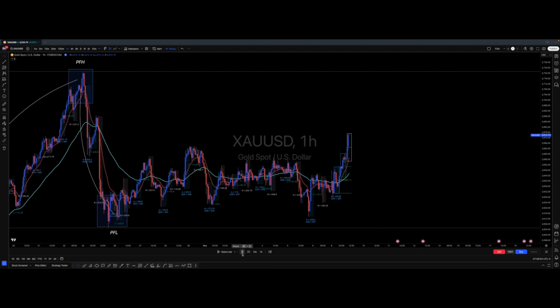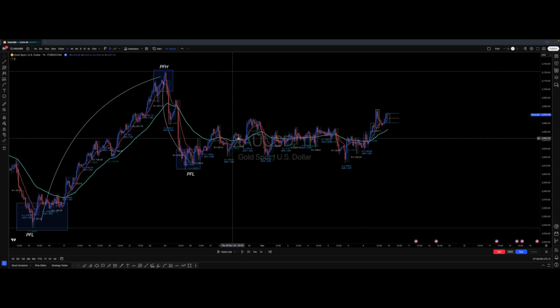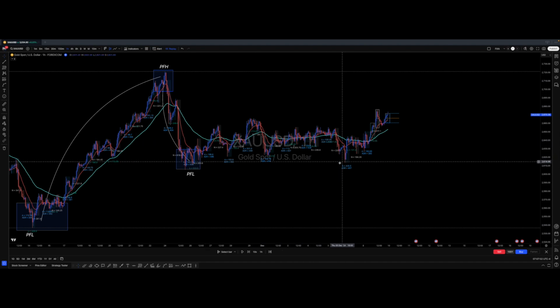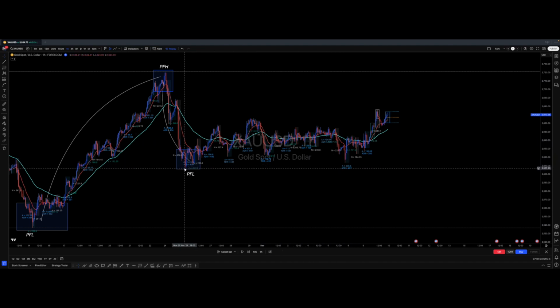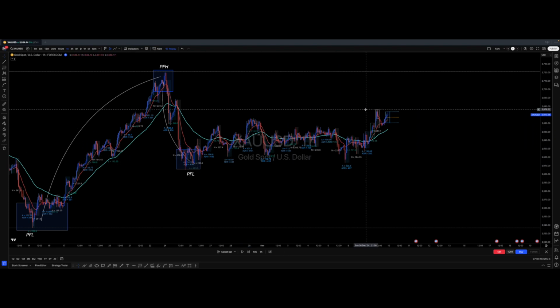And you can see what happened here is we went basically sideways, and then we basically retested the low again. Remember what I talked about yesterday about failed resets, right? Failed resets basically are when market makers go back down to the previous peak formation low to basically grab orders before the move happens.